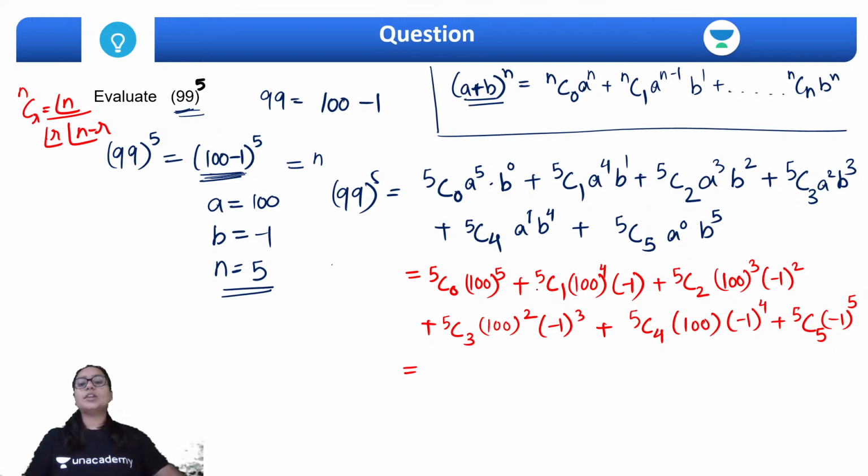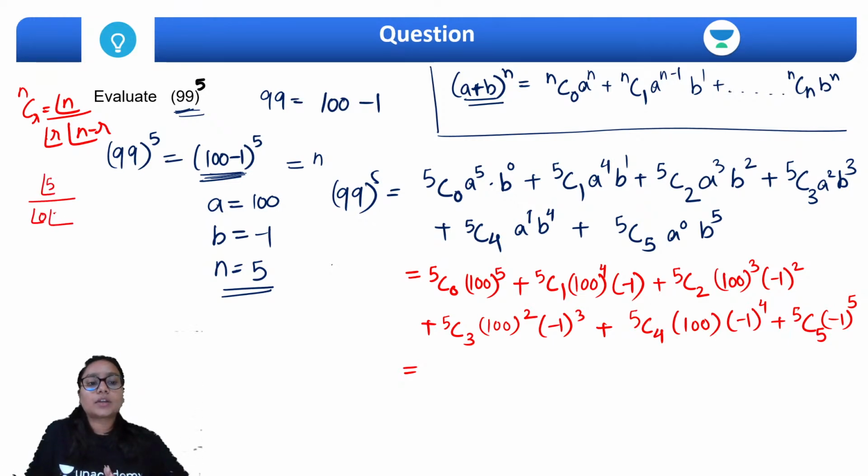Okay, so this will be factorial 5 upon factorial 0 into factorial 5. The value of factorial 0 is equal to 1. So this and this will cancel off and this will give me 1. So you can note that the value of any number nC0 is always equal to 1.